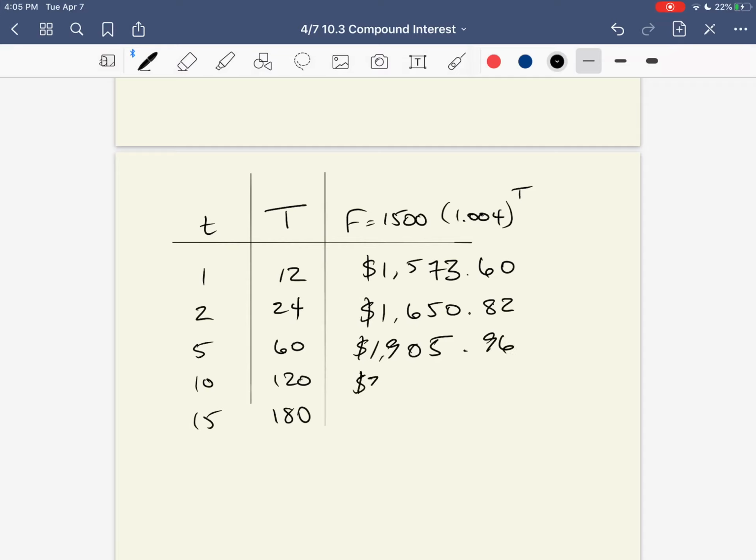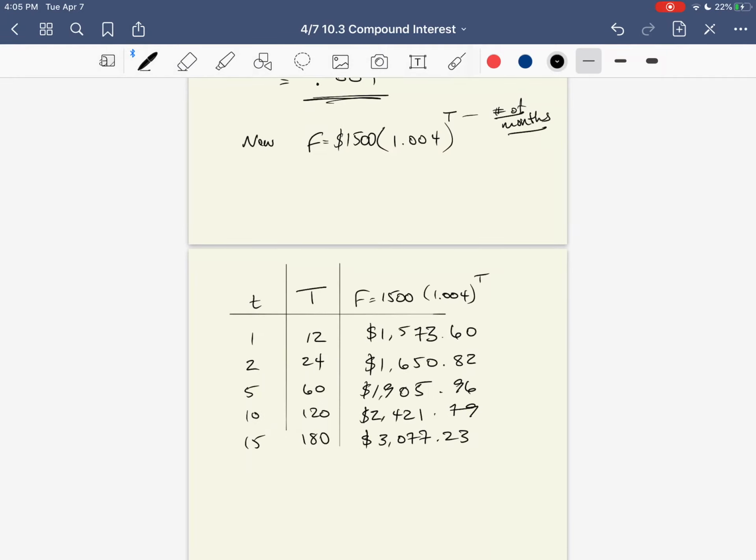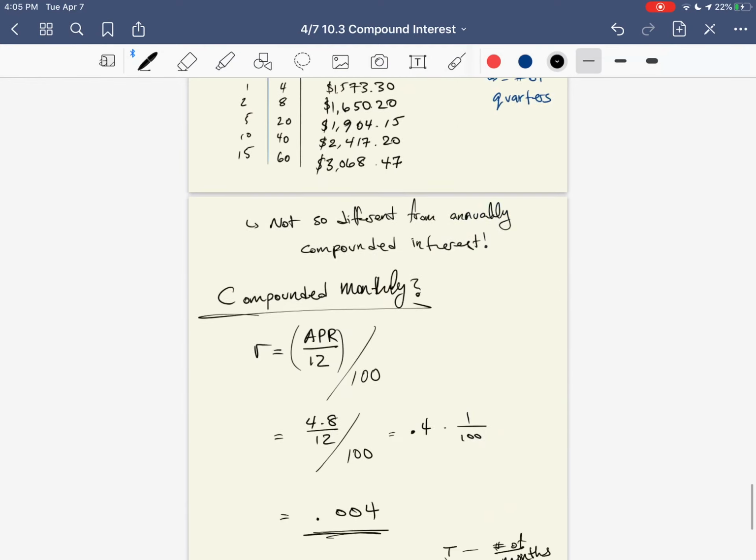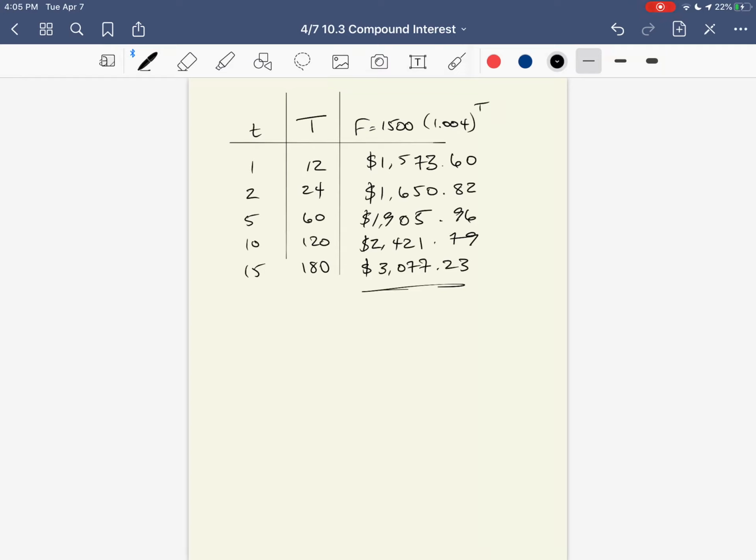After 10 years, you've got $2,421 and 79 cents. And after 15 years, $3,077 and 23 cents. So now it's being compounded 12 times as often as it was when it was being compounded annually, and still the difference after 15 years is only between 3,077 and 3,030. It's not so much at all.